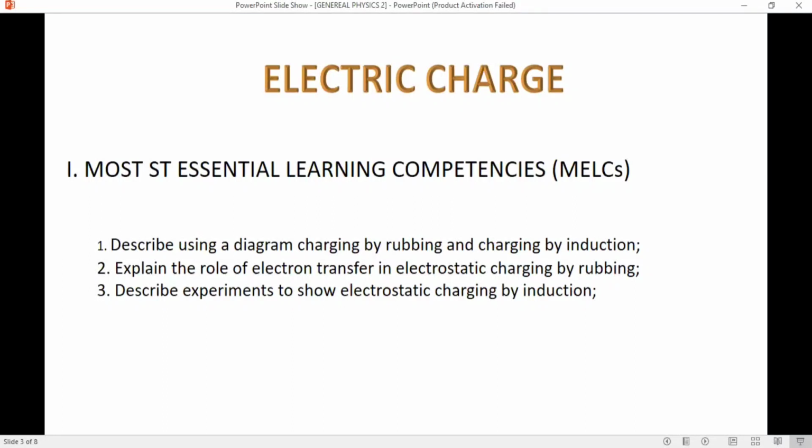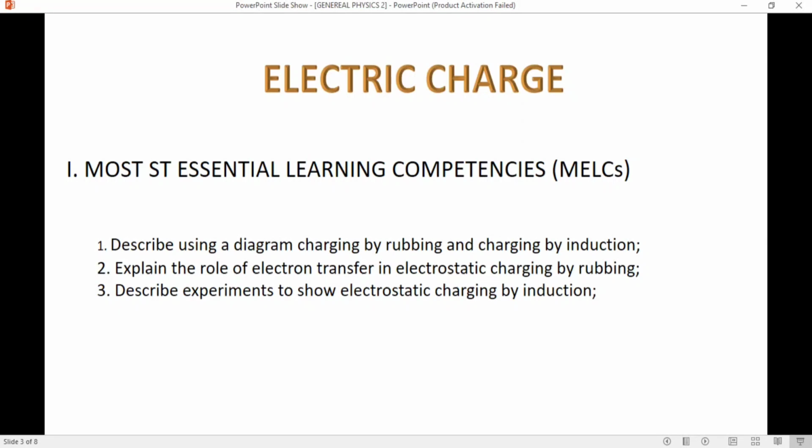At the end of this presentation, our aim, our goal is for you to describe using a diagram, charging by rubbing and charging by induction, explain the role of electron transfer in electrostatic charging by rubbing, describe experiments to show electrostatic charging by induction.